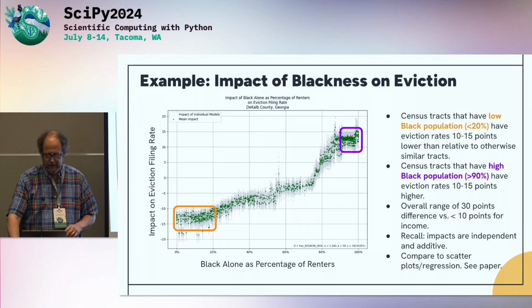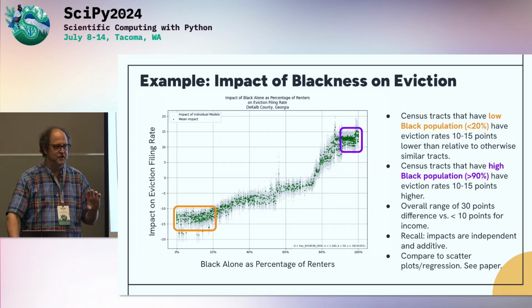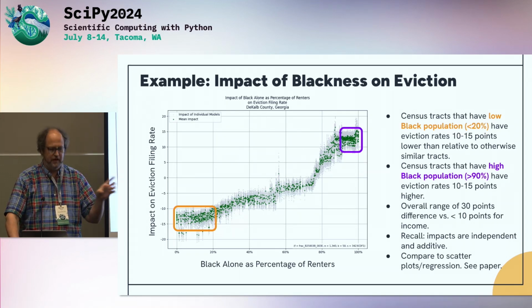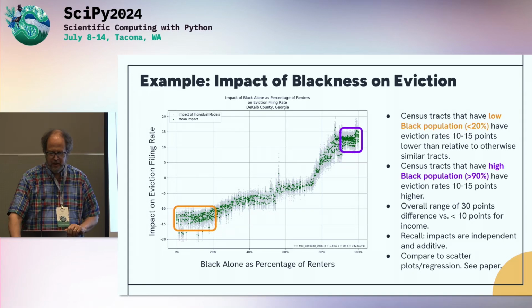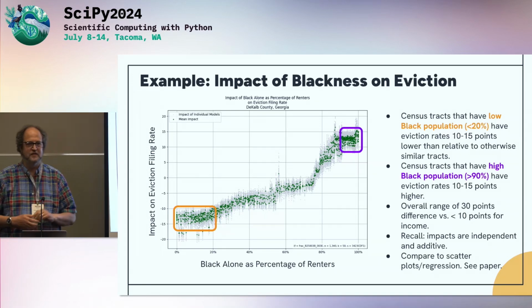And the key here, first of all, is these are plotted on the same vertical scale. The code by default plots them on the same vertical scale so you can compare them visually. This is the impact of blackness on evictions.